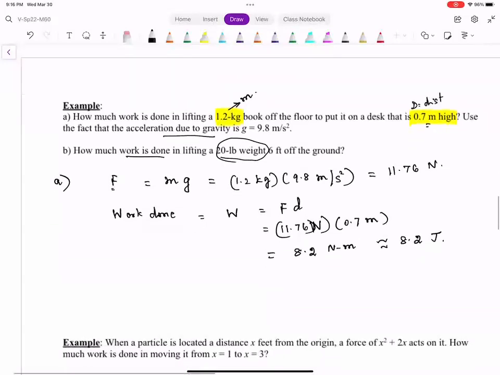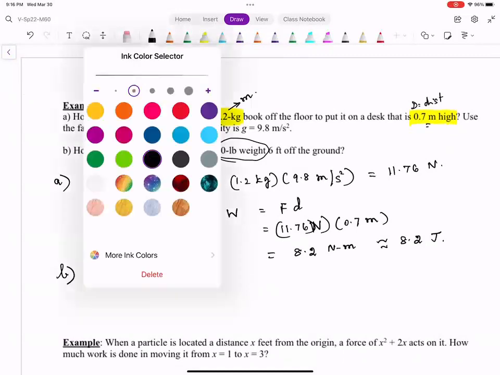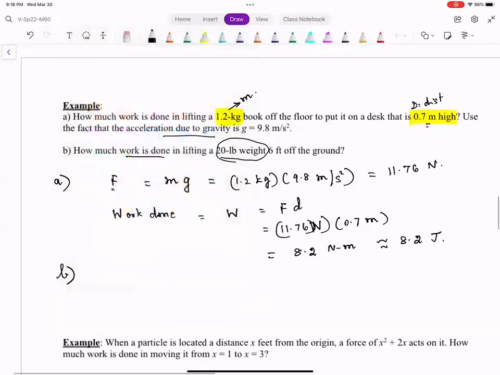Now for part B, what is the difference? How much work is done in lifting a 20 lb weight? When the problem says weight, it's already force, because mass times acceleration is the force. Weight already takes into account the acceleration due to gravity. So force can be taken as 20 lb, and it has to move 6 feet off the ground.